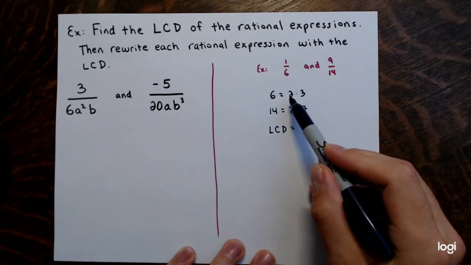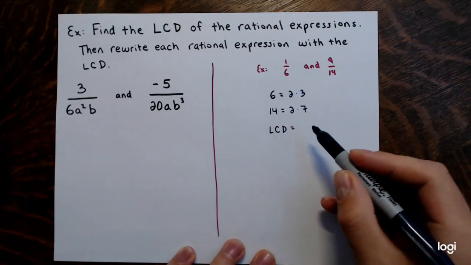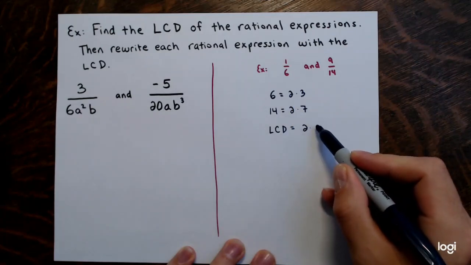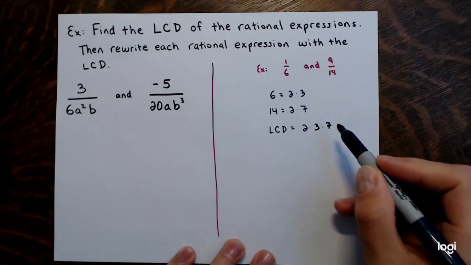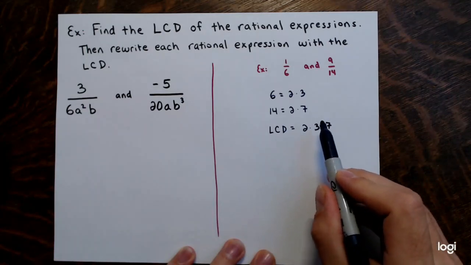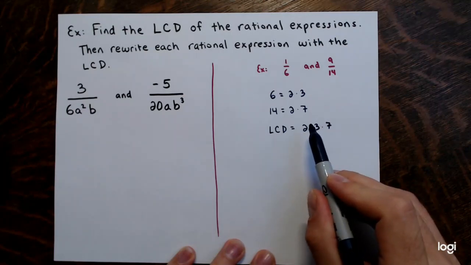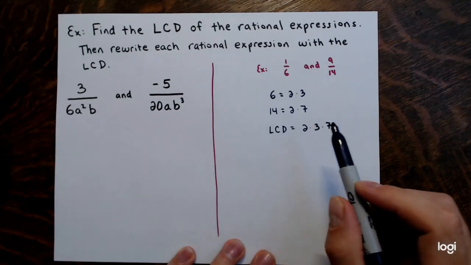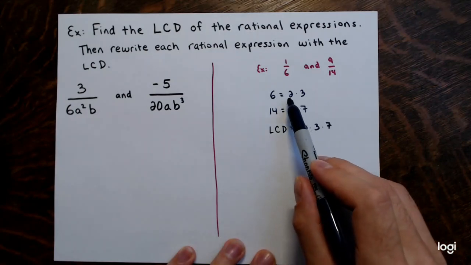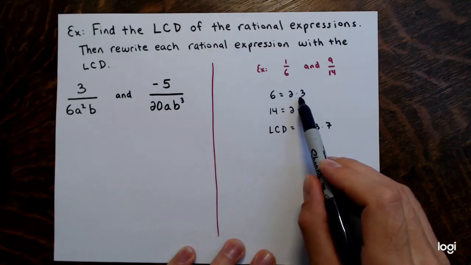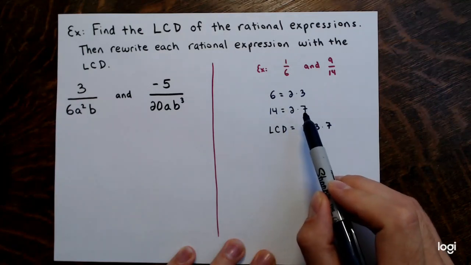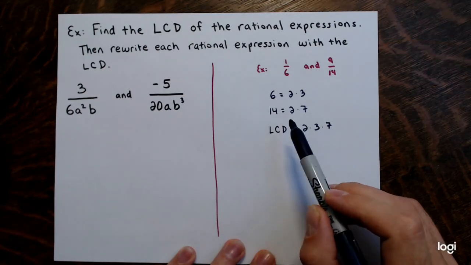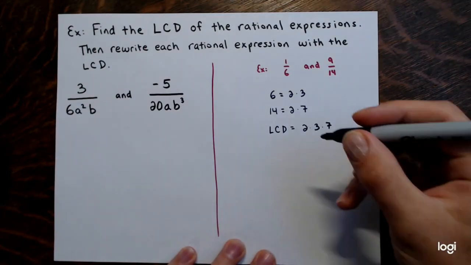So I have a 2, a 3, and a 7. There's going to be 2 to some power, times 3 to some power, times 7 to some power, and the power is the largest number of times they appear in any factorization of the denominators. 2 appears once in this factorization, and once in this one. So the largest of 1 and 1 is 1.